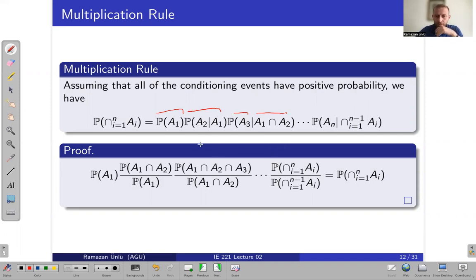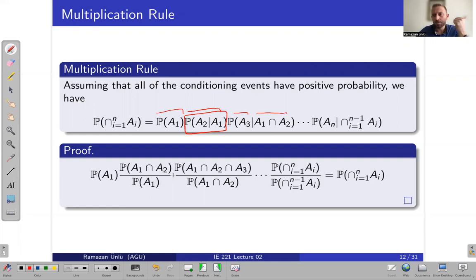If we rewrite this multiplication using the conditional probability definition, the second term can be written as the probability of A1 and A2 divided by the probability of A1.